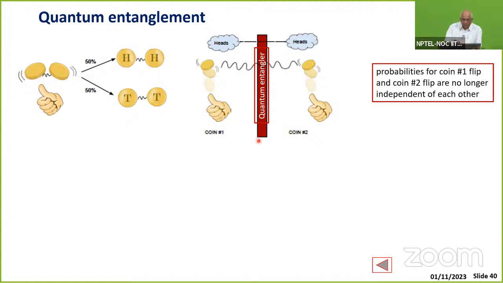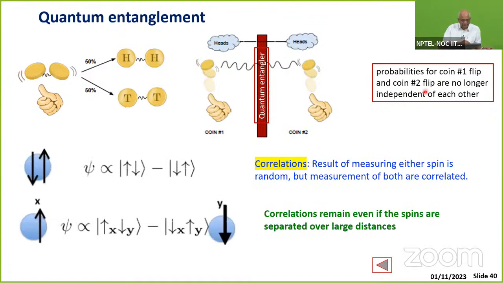But suppose you put it through a quantum entangler, just a Gedanken experiment. What that means is the probability of coin 1 flip and coin 2 flip are no longer independent of each other.